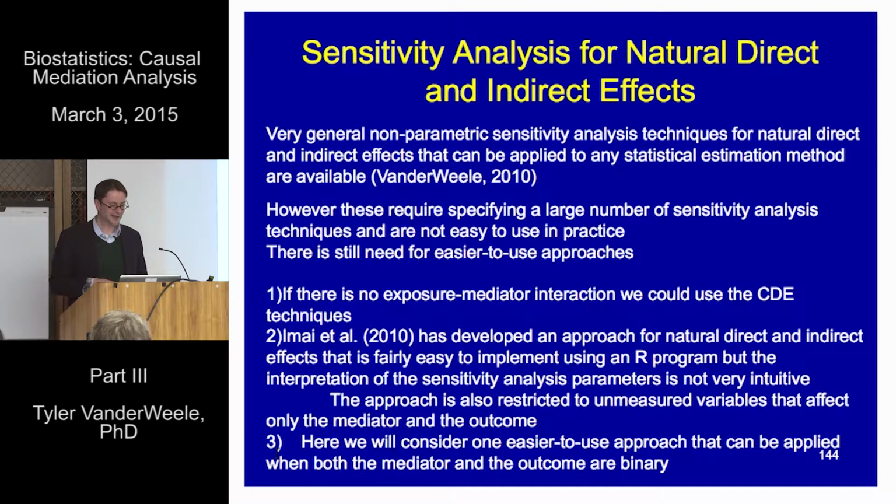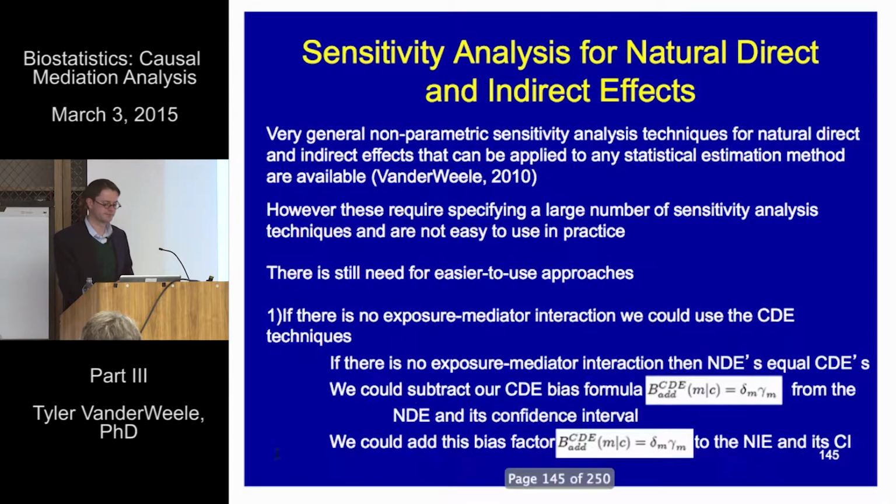But I think this is the best we have right now, because it can be employed in the context of exposure-mediator interaction as well. A third technique we'll go through is for when the mediator and the outcome are both binary. We can use an approach pretty similar to what we've described for sensitivity analysis for natural direct and indirect effects, even in the presence of interaction.